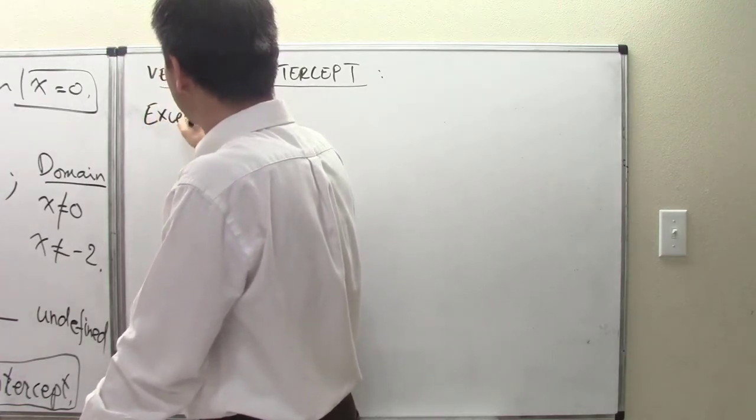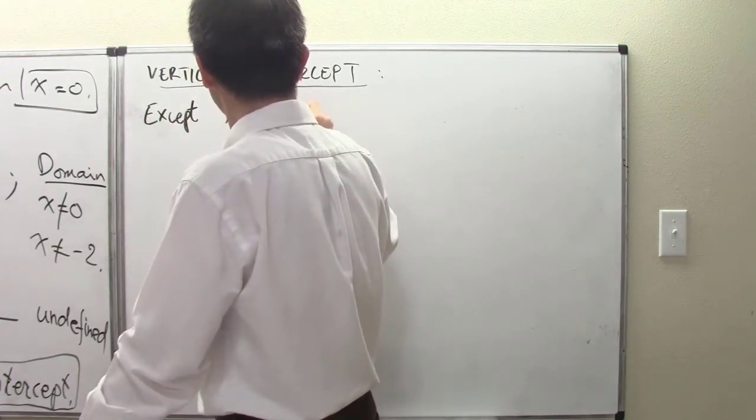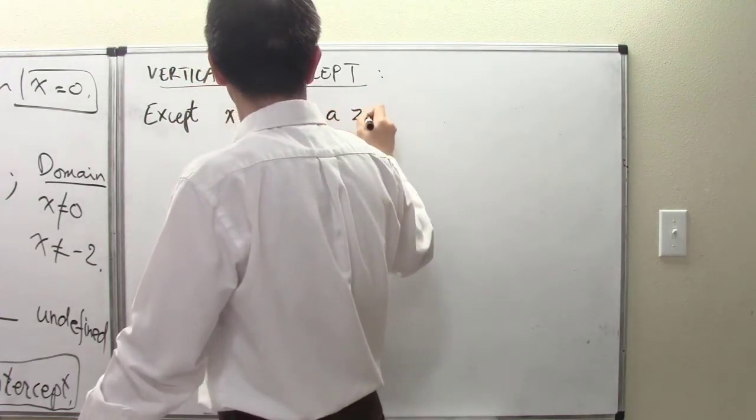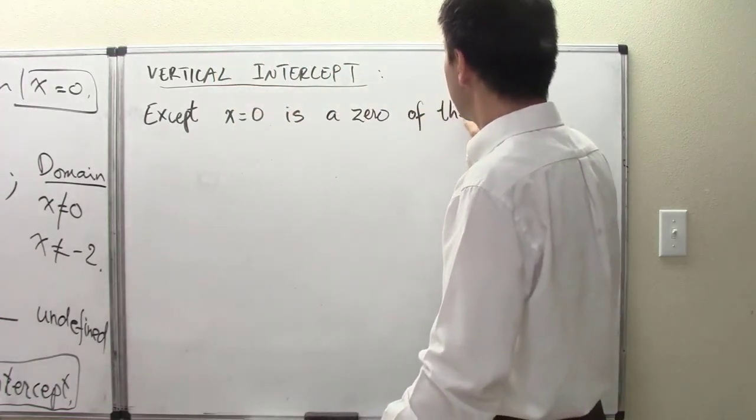Except x equals 0 is a 0 of the denominator.